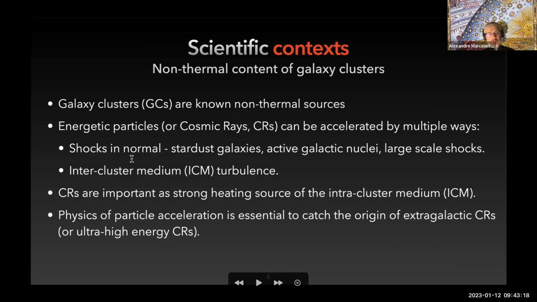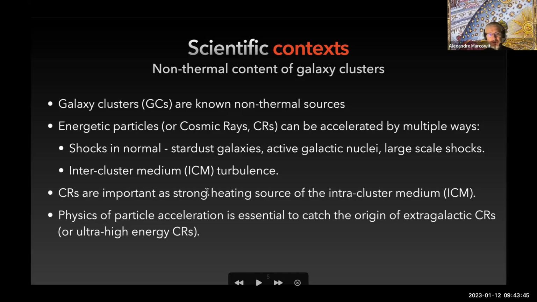And also you can have intracluster medium turbulence, which can produce what we call second order Fermi acceleration or stochastic acceleration. One point I would like to mention, if I have time at the end of my talk, is that cosmic rays may also contribute some heating in the intracluster medium.